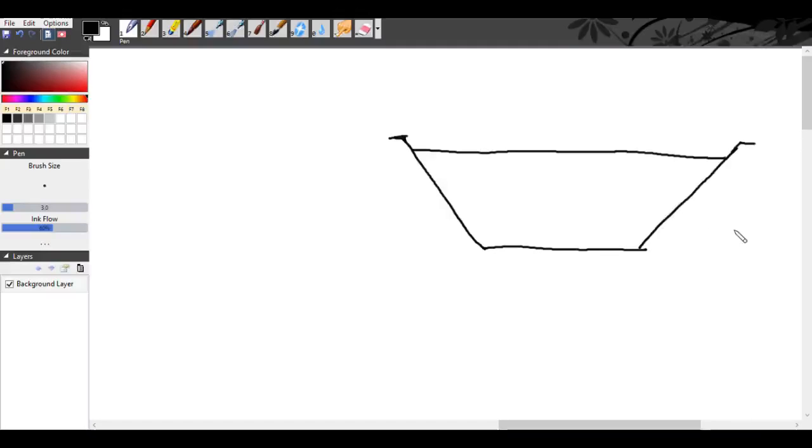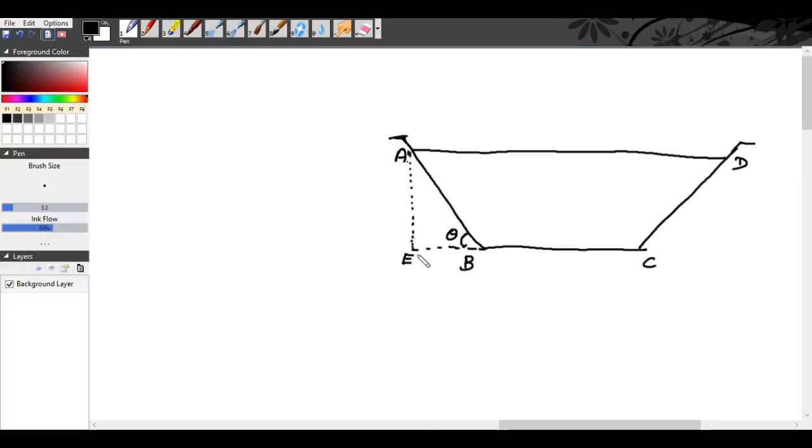So we will take this as A, B, C and D. Now we will take this sloping side, this angle as theta, and we will draw a perpendicular from A to the bottom. You can take this as E.